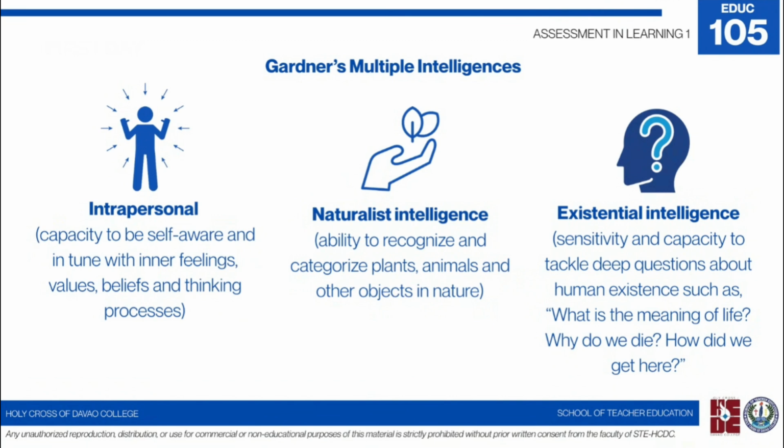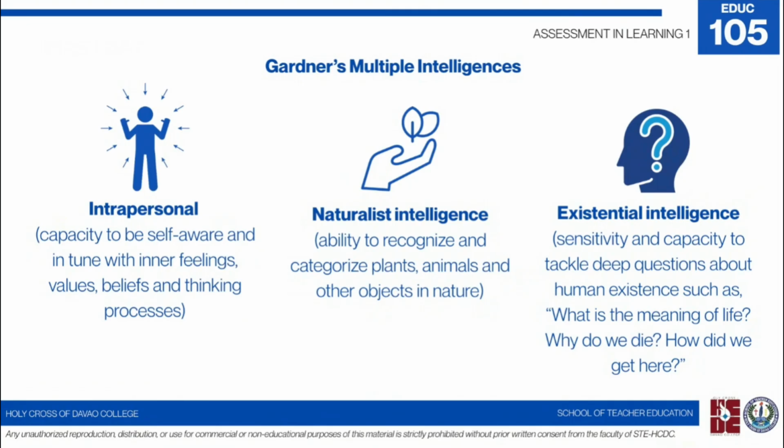They may love biology, ecology, or geography, and they often notice things in nature that others overlook. Think of botanists, environmentalists, farmers, and zoologists. So these are kind of nature smart learners.